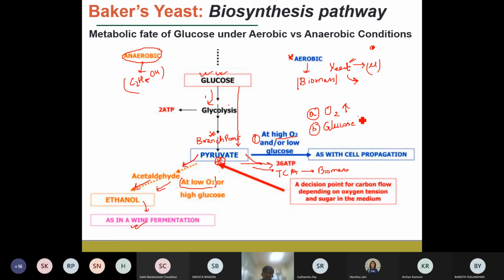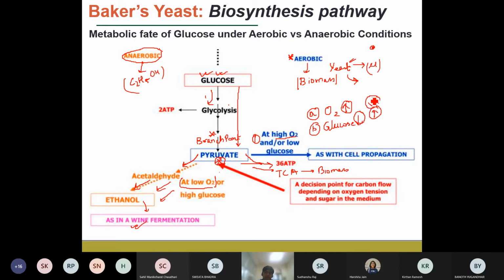If there is a low glucose concentration, it will again go to the production of biomass. And if it is the opposite, like a lower oxygen concentration, then it will form ethanol, or if there is a higher glucose concentration.